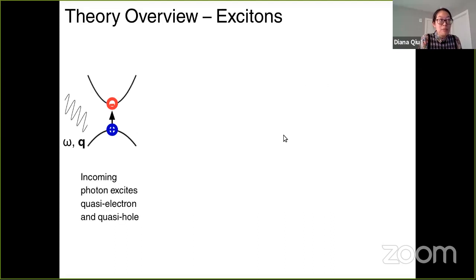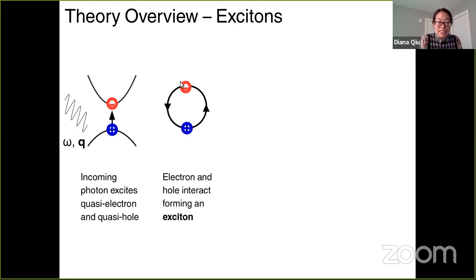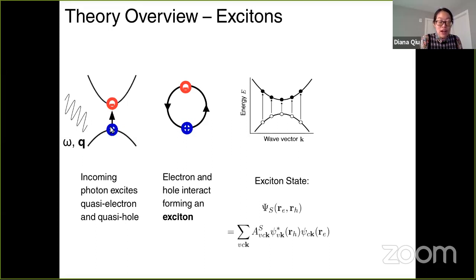However, in a real material, you don't just have the electron and the hole. The negatively charged electron and the positively charged hole can interact and give you a correlated state known as an exciton. Instead of a single transition from a single k point in the valence band to a single k point in the conduction band, you can think of the exciton as a linear combination of transitions between the valence band and the conduction band, as illustrated here.